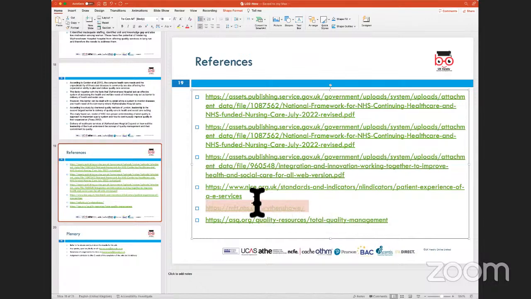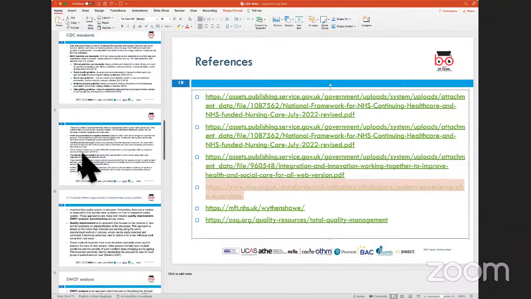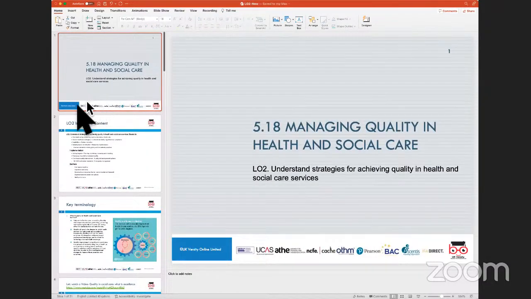And out of the 199 standards on the website of NICE, the National Institute of Care and Healthcare Excellence, I would suggest reading one of the standards briefly. If you want to get into the details, download the PDF, and that will help you understand this learning outcome in a lot more detail with clarity.